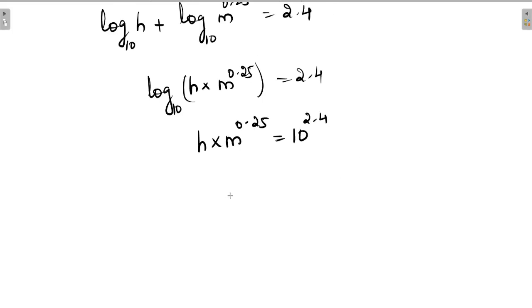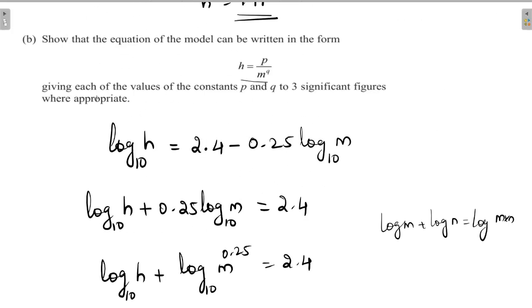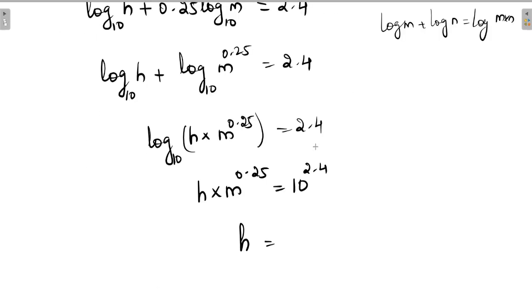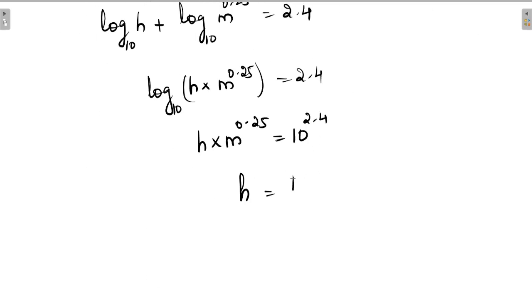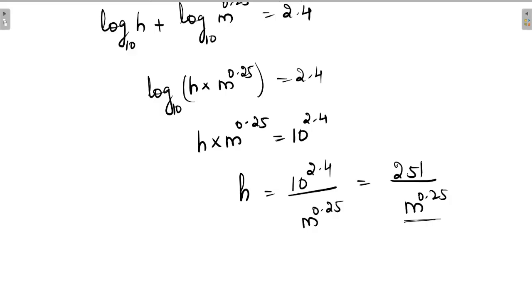Now we have to find the value of h, written in the form h equal to. So h equals 10 power 2.4 divided by m power 0.25. Taking the value to 3 significant figures, 251 divided by m power 0.25. This is the final answer.